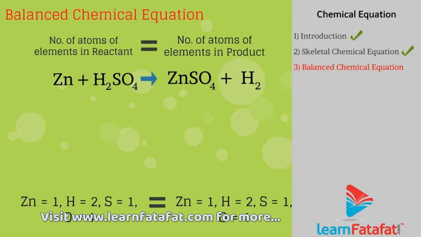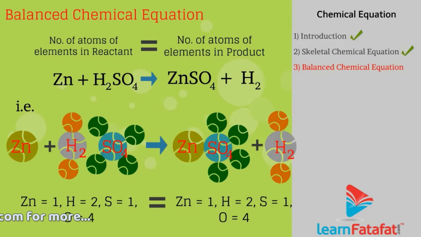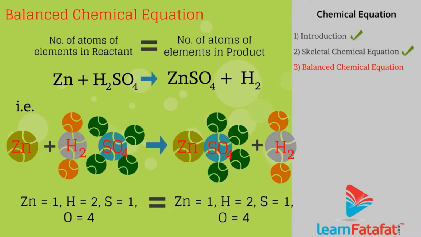For a balanced chemical equation, the number of atoms of each element in LHS is equal to the number of atoms of each element in RHS. As shown in the example, elements on the reactant side are equal to elements on the product side. That is, on both sides the number of zinc atoms is 1, hydrogen is 2, sulfur is 1 and oxygen is 4.